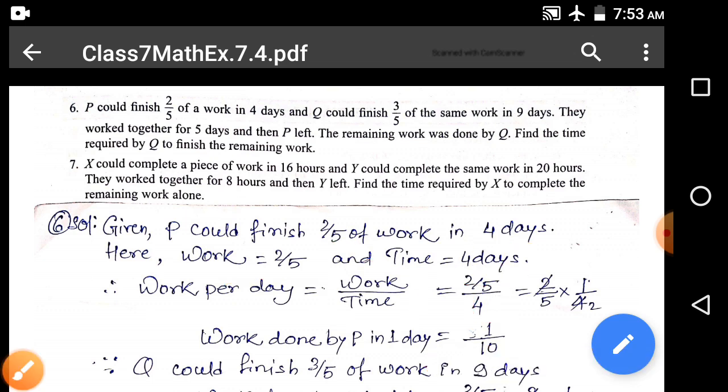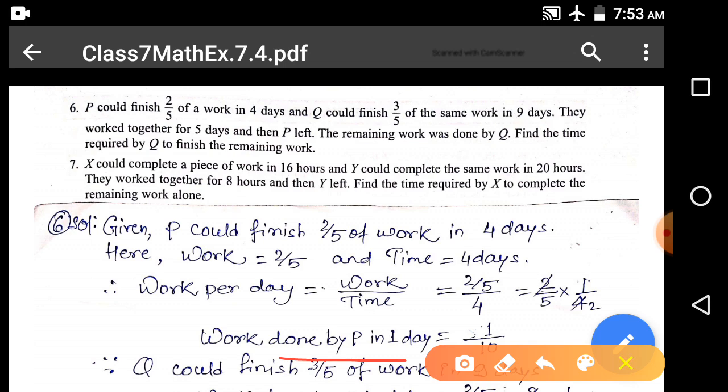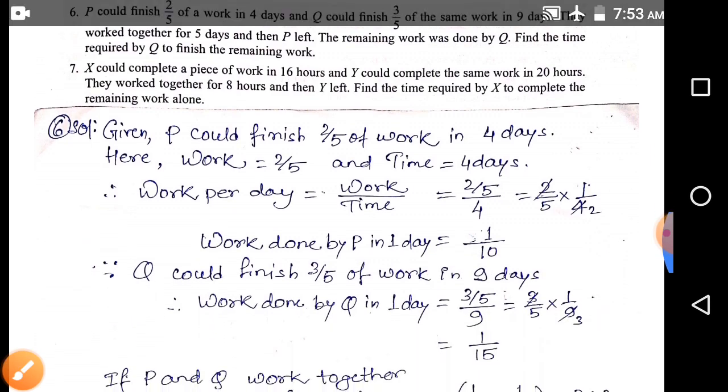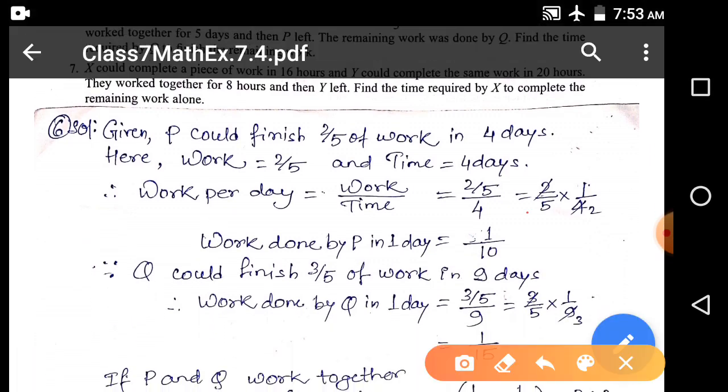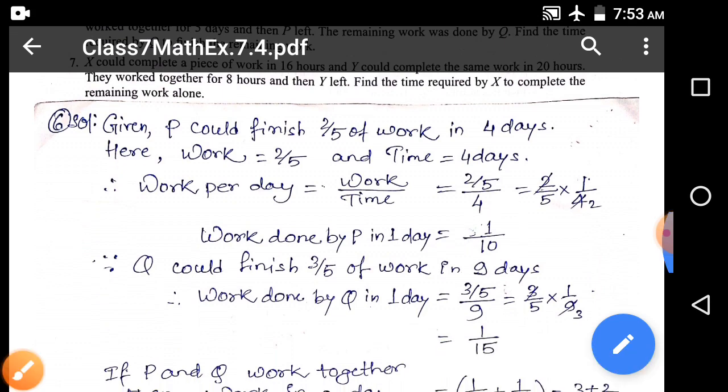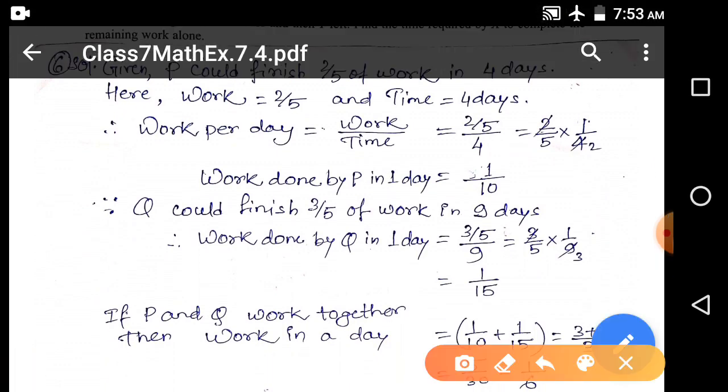After solving this, we get that the work done by P in 1 day, that is unit time, is 1 by 10. This is the work per day by P. Now for Q, we have Q could finish 3 by 5 of the work in 9 days.